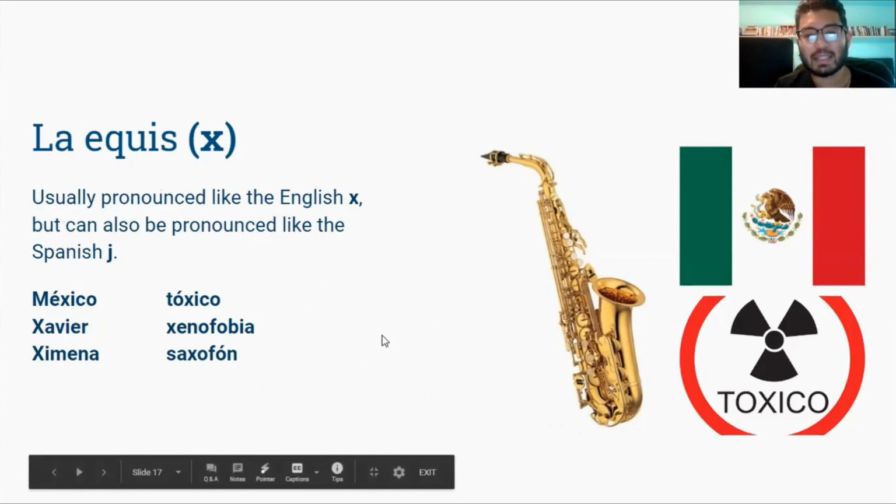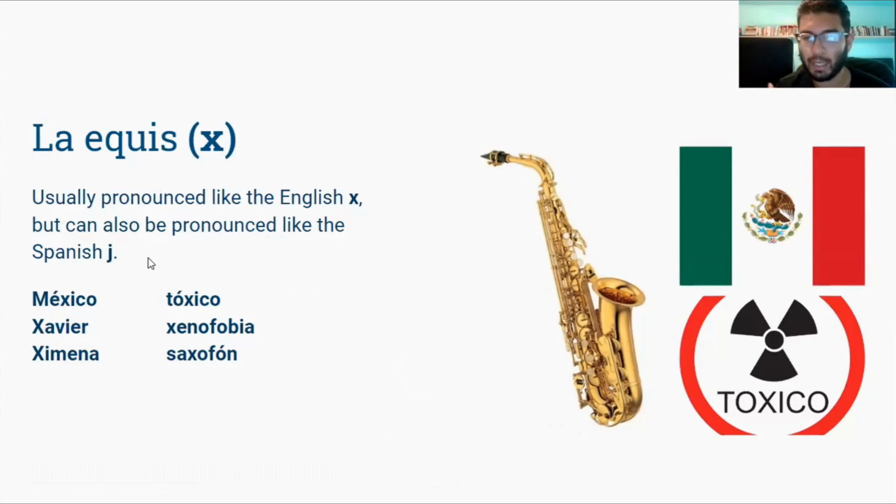Usually pronounced like the English X, but it can also be pronounced like the Spanish J, which we covered already, which is similar to the English H, and that is the case in words like México. We have the letter X, but we have the H pronunciation in the middle syllable.